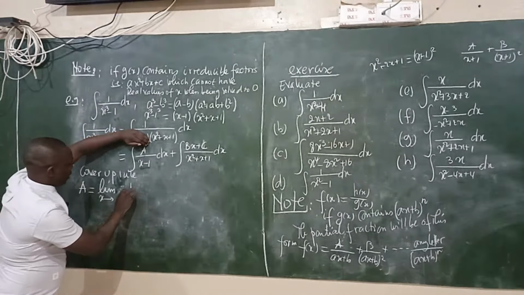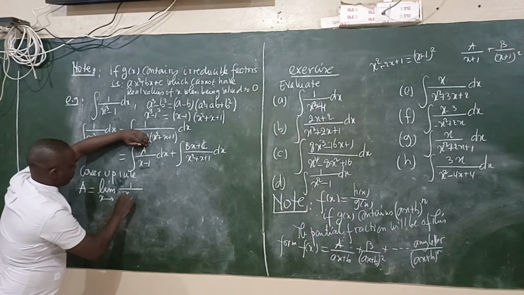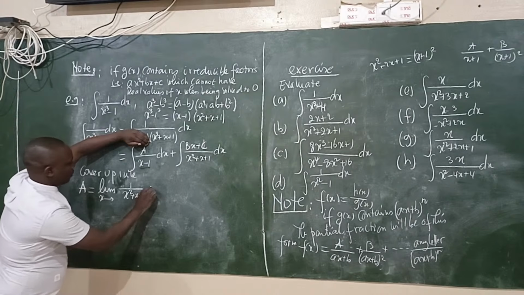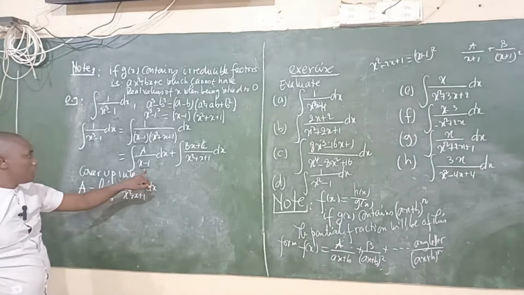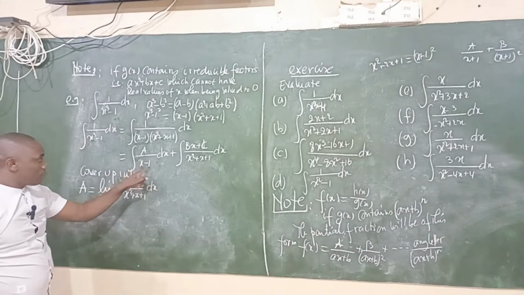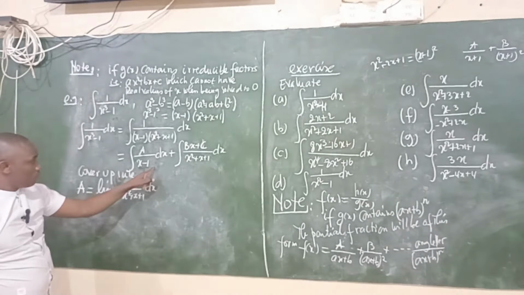I will stay with 1 by x squared plus x plus 1 dx. The hidden stuff must be equated to 0. X minus 1 equals 0, x will be 1.